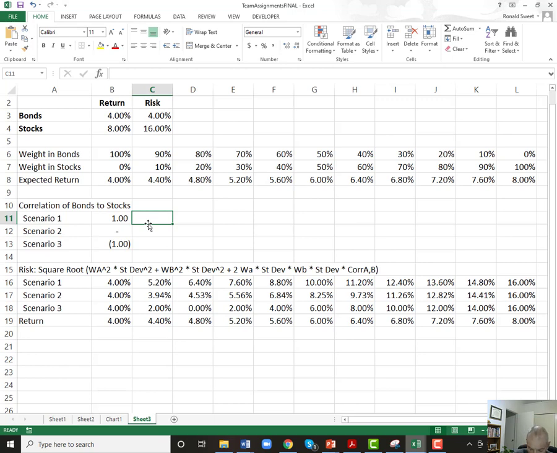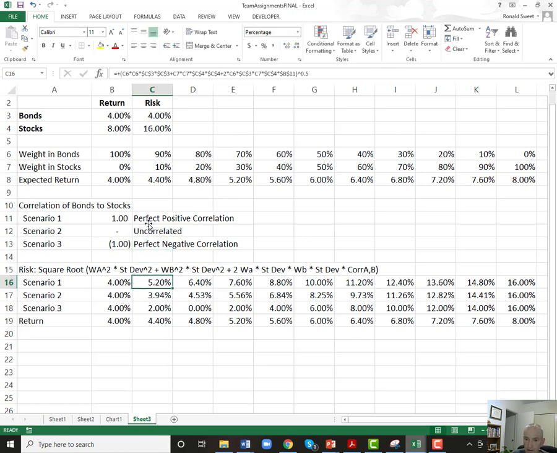So we have perfect positive correlation, perfect negative correlation, and uncorrelated.